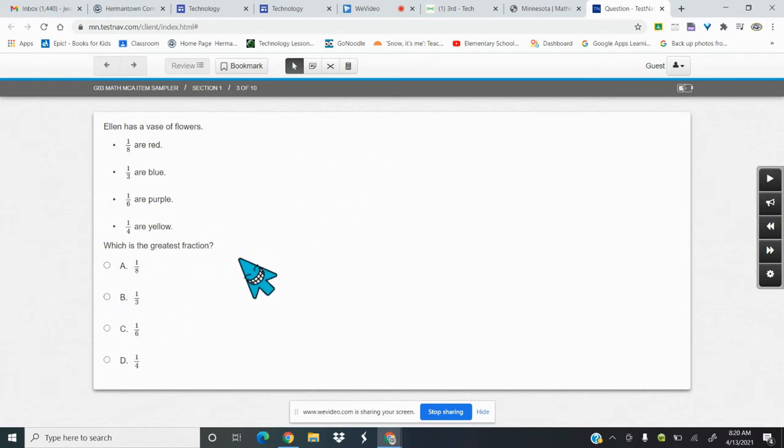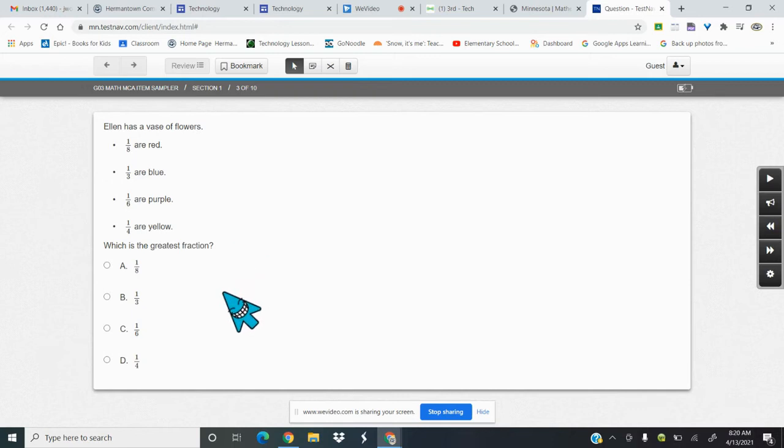Now if I think of the circle again and divide it up into thirds, which is going to be like a peace symbol, those sections of that peace symbol are going to be pretty big. And then 1/6, if I take that circle and divide it 3 times, 1, 2, 3, those sections are bigger than an eighth, but not bigger than a third. So 1/6 is not correct.